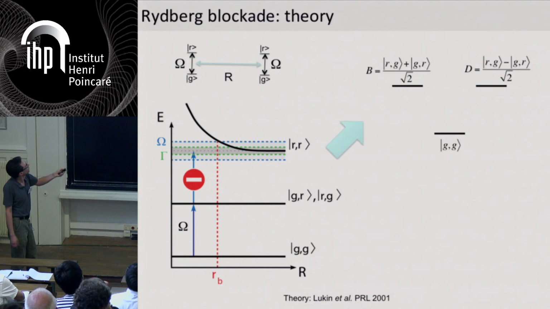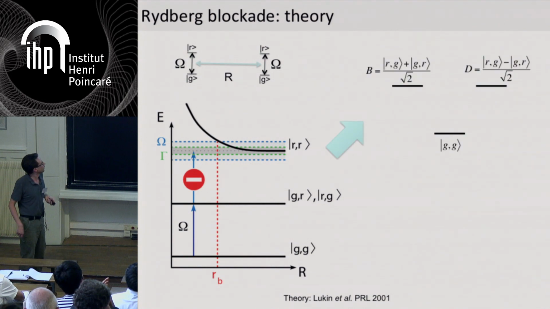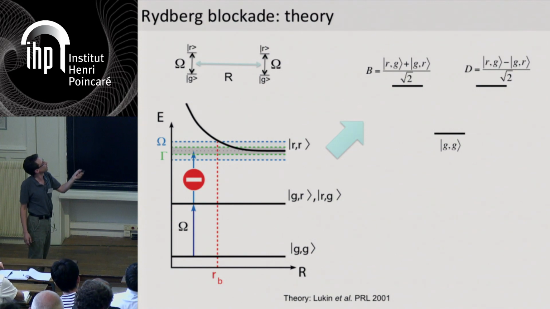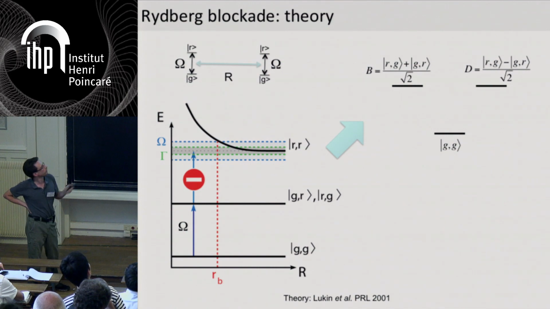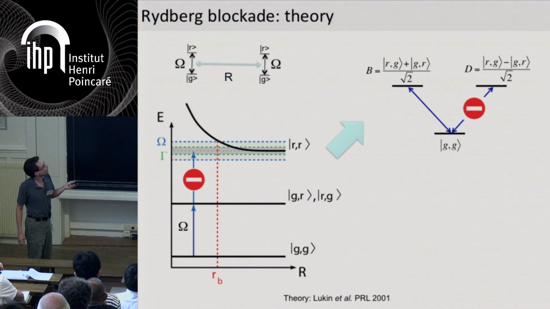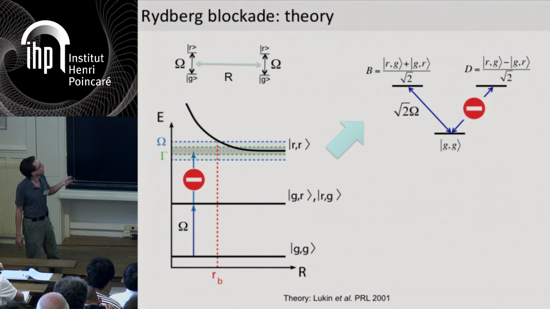And then you're left with the remaining dimension 3 Hilbert space, which is usually convenient to rewrite in terms of the symmetric and anti-symmetric superposition of these states having Rydberg excitation either to the left or to the right, plus, of course, the double ground state. And when you compute the matrix elements between the ground state and these bright and dark states, well, you find 0 for the anti-symmetric superposition, which is called dark, and you get √2 times the single atom Rabi frequency for the bright state.